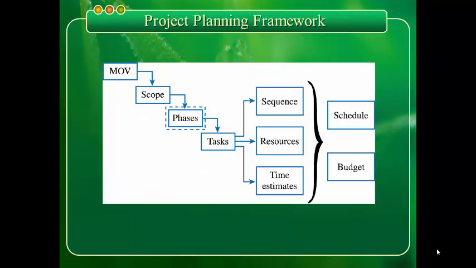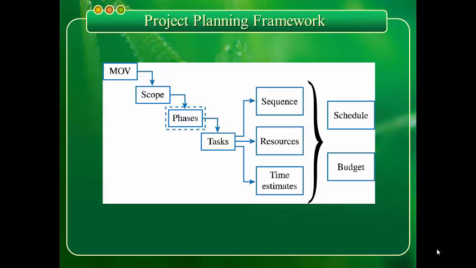Then the project planning framework. As you can see, from MOB, it will go down to scope. Then on scope, we have the pieces. Then after the pieces, we have the task. And after defining the task, we will subdivide it into three, namely the sequence, the resources, and the time estimates.